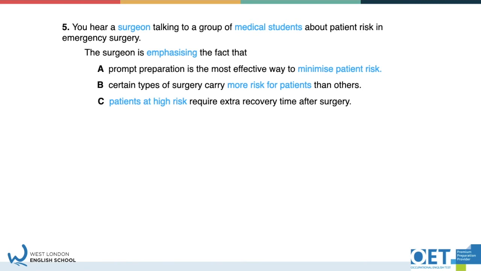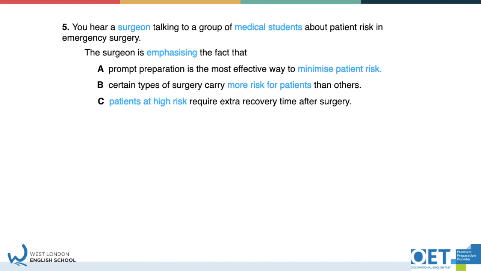Now, when you are in the exam, you might want to highlight some parts of the answer just to make sure that you're getting the most important parts and you know what you need to listen for. And here in each answer, A, B, and C, we've got the word risk. Now we know from the context statement that the surgeon is talking about patient risk in emergency surgery.